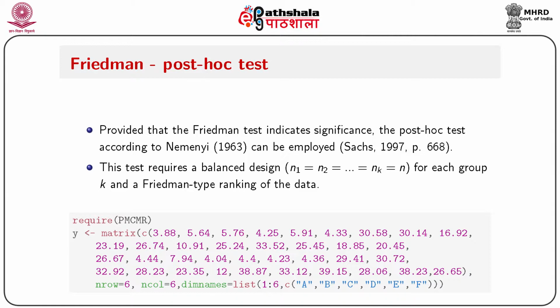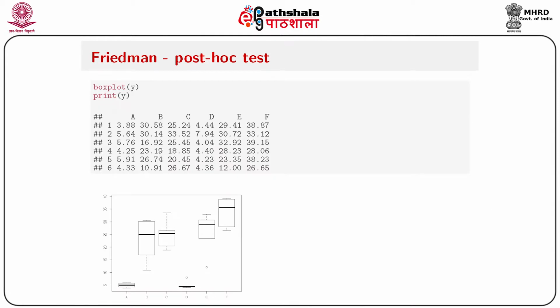So we load the package PMCMR and use this data, y equals matrix. This is a 6 by 6 matrix, with 6 variables and 6 individuals, which looks like this. The box plots also look like this.